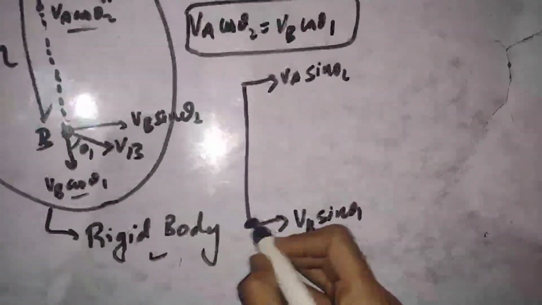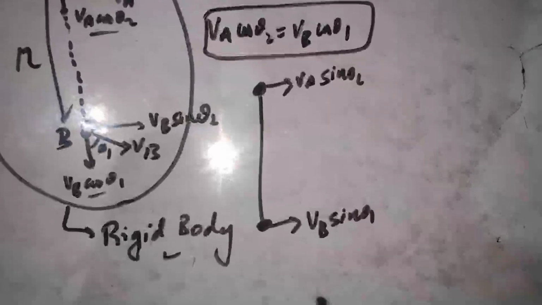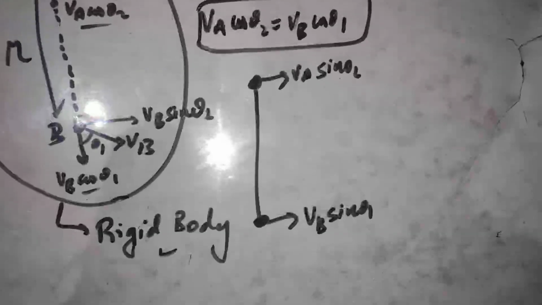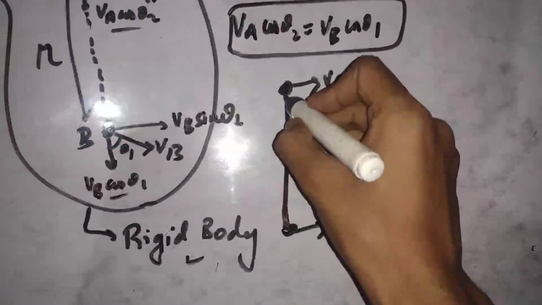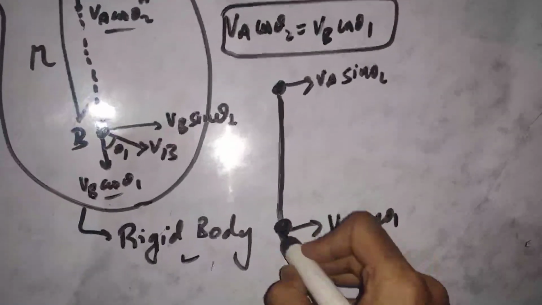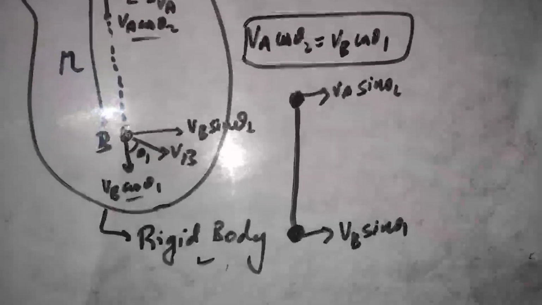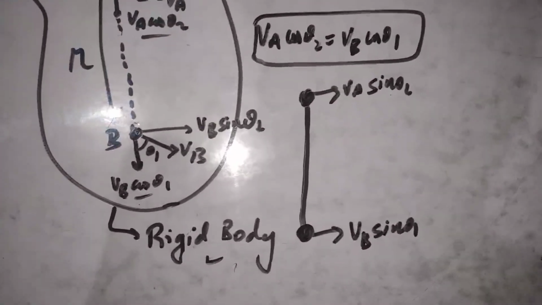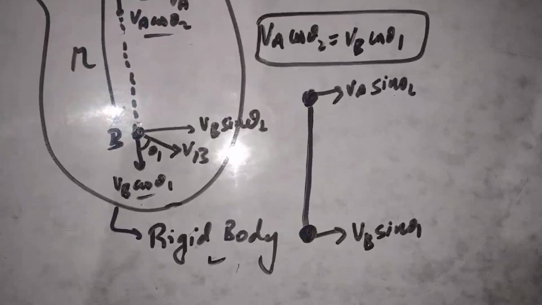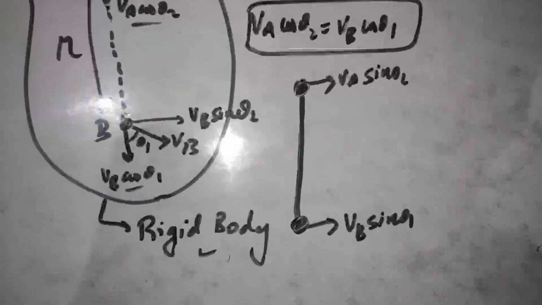Now, since their separation is not changing, we can treat them as joined by a rigid rod. We can hypothetically imagine that because it is given that their separation will not change, so we can imagine them as two particles connected at the ends of a rigid rod.